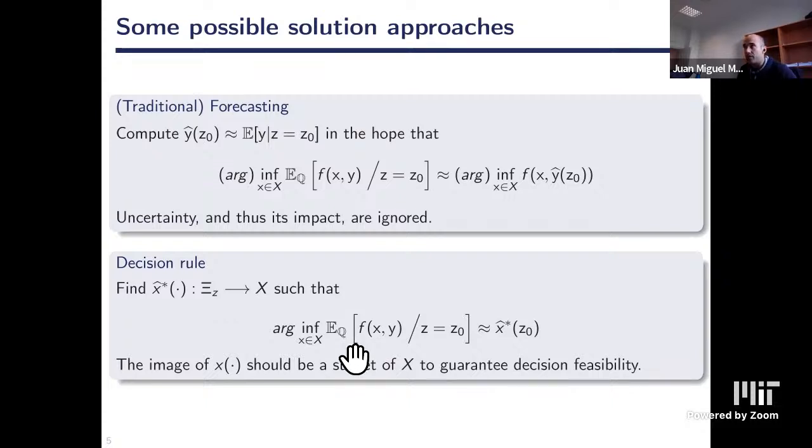One of the major problems with this approach that directly estimates the decision itself instead of the uncertainty is that it doesn't guarantee that the decision provided by the mapping rule be feasible, that is, be in the feasible set capital X. From this point on, I must admit that I think this approach has many disadvantages, so I'm forgetting about this possibility for the rest of the presentation.